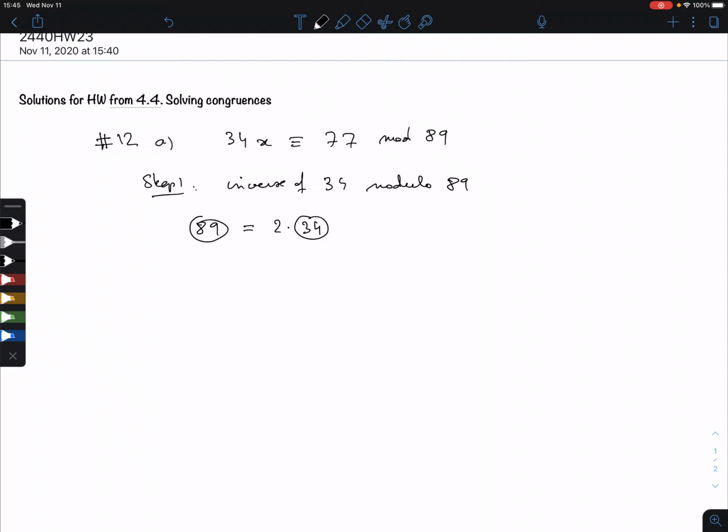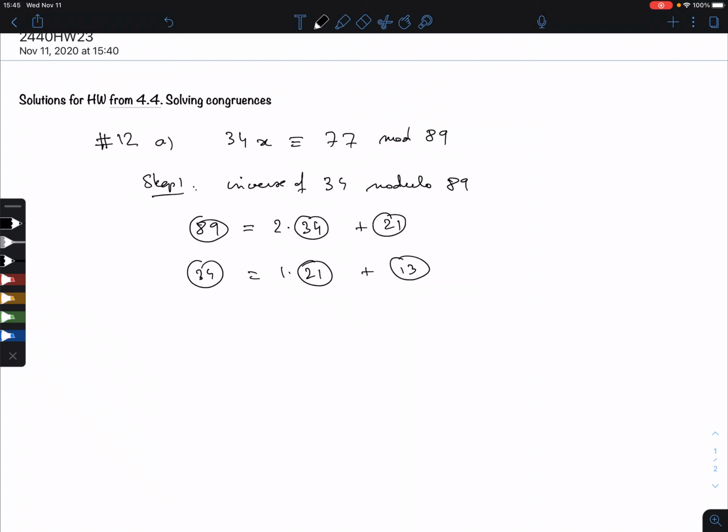So 2 times 34 is 68, and what we're still missing is 21, so 89 = 2 times 34 plus 21. Then we do 34 divided by 21. That goes in one time, and the remainder is 13.